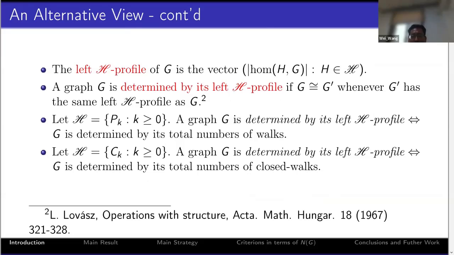Here H belongs to a script H, a family of graphs, and the entries denote the cardinality of the set of homomorphisms from H to G.